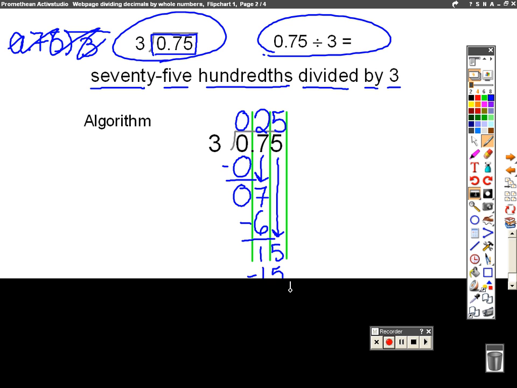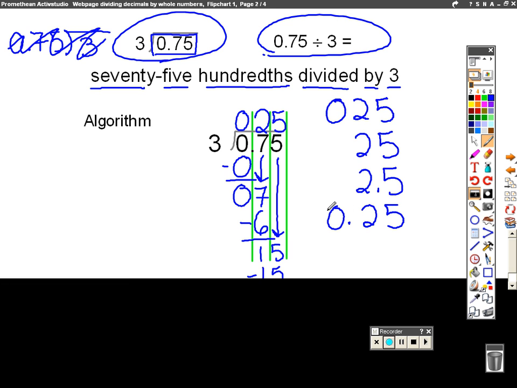So now I want you to look at this number that we have. We have 0, 2, 5. This could be 25. This could be 2.5. This could be 0.25. I want you to ask the question, does my answer make sense? For example, go back to that real-world situation.